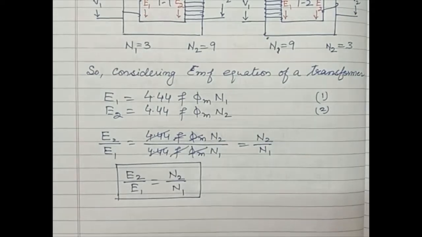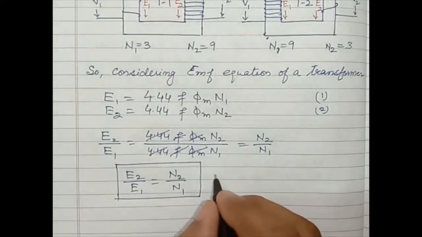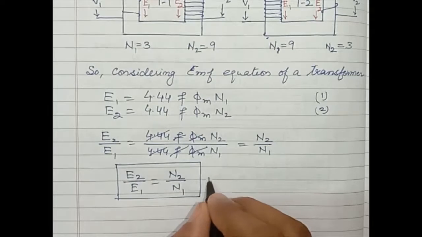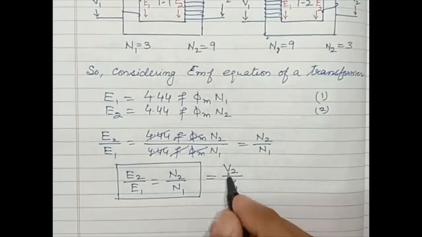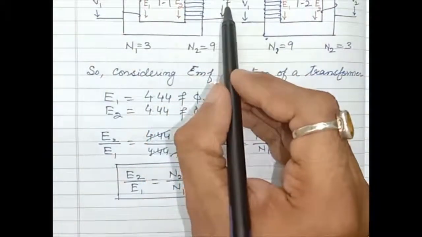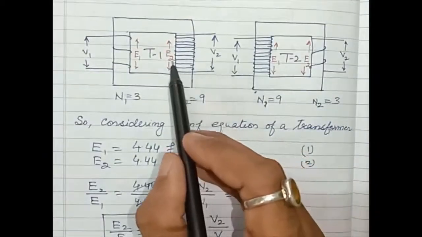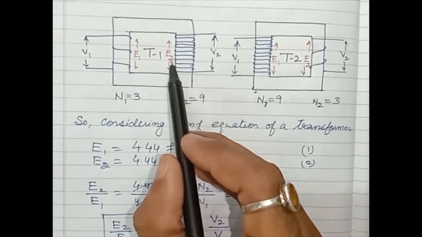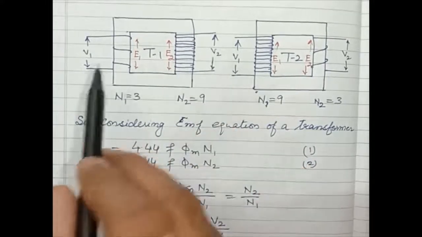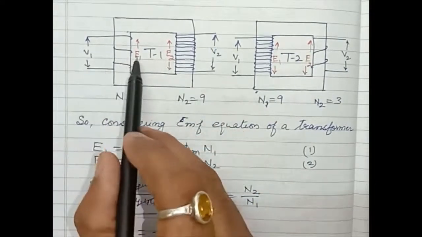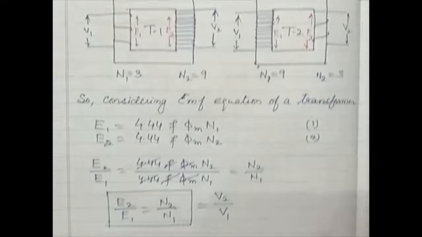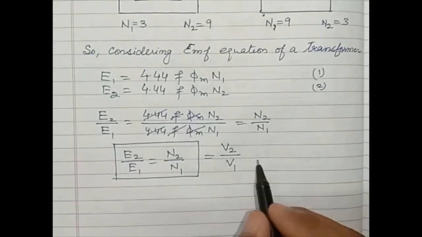Suppose in this equation we can also write it as V2 upon V1, as V2 is the terminal voltage, and E2 is the induced EMF in the secondary side. Therefore V1 is equal to E1 and V2 is equal to E2, and then we can write it like this.